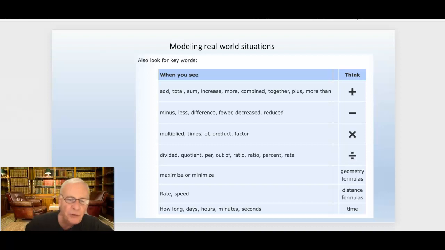Multiply, times, product, factor mean multiplication. Dividing is a quotient. Words like per, ratio, or this out of this, like miles per hour, a percent, a rate, things like that are dividing.